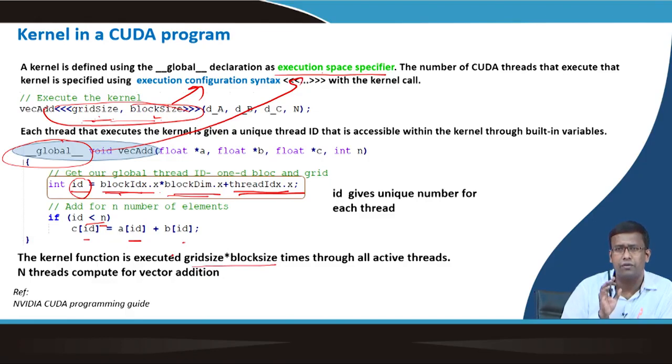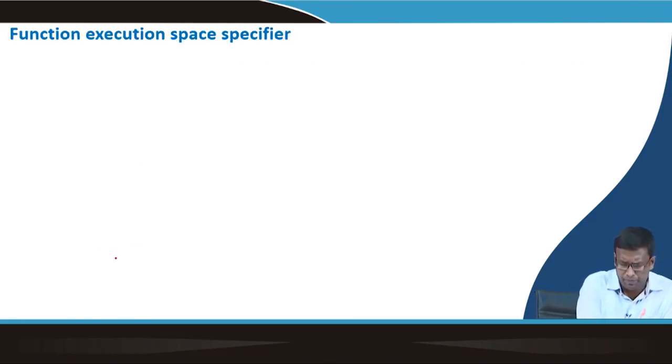There will be at least one block in which some of the threads are inactive, in case the number of blocks times the number of threads is greater than the size of the vector. But n of these threads will compute the vector addition in n different locations.